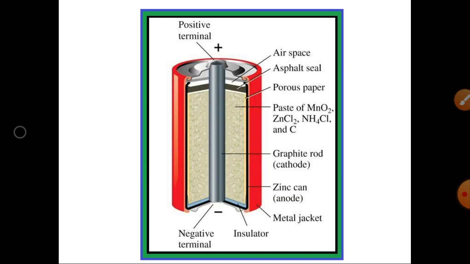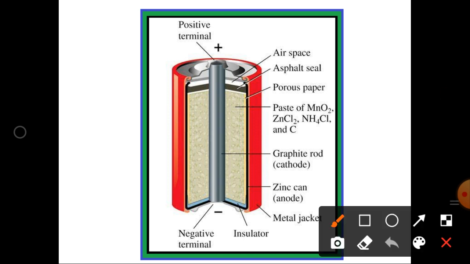So this is another view of the dry cell battery. We can clearly see what the anode is: the zinc can will act as the anode.